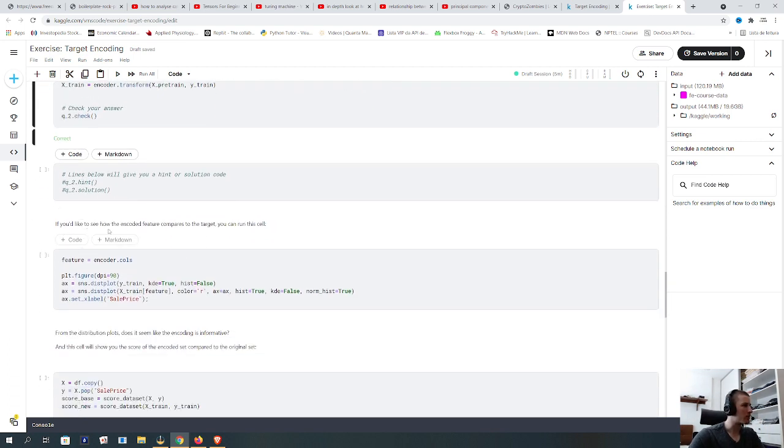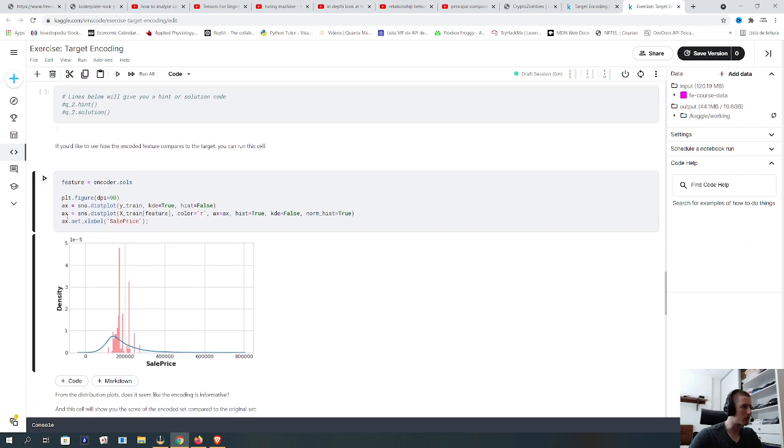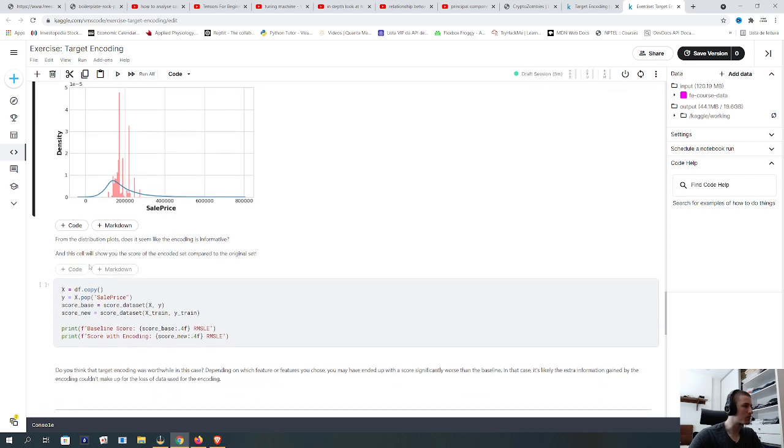If you'd like to see how the encoded feature compares to the target, you can run this cell. So this is the graph. Run the distribution plots. Does it seem like the encoding is informative? In this cell, we'll show you the score of the encoded set compared to the original set.